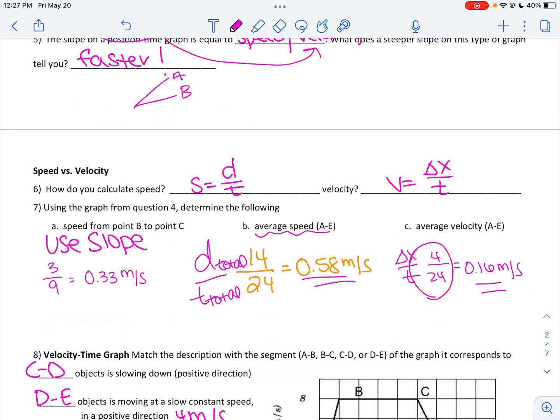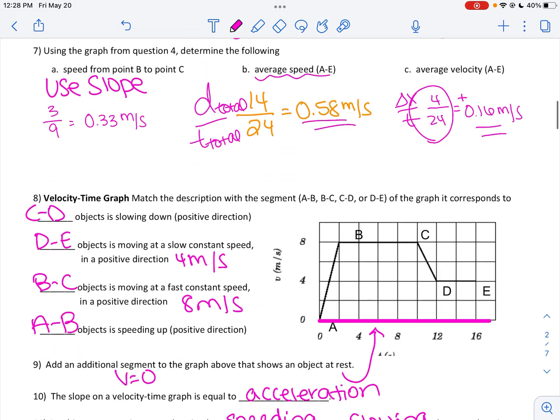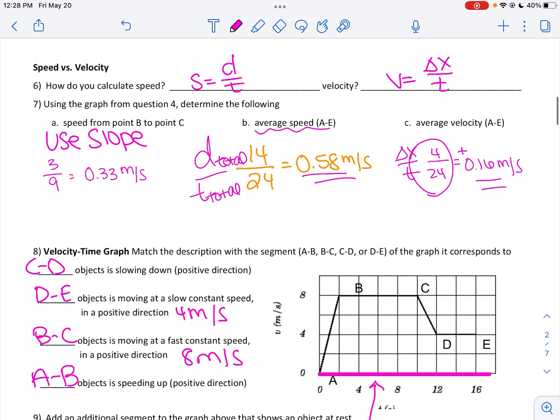So my answer is going to end up being 0.16 meters per second. Now I'm going to put a positive sign there because I did end up further away from where I started, right? I ended up 4 meters away in the positive direction, even though I was heading back home. So I gave it a positive 0.16 meters per second.